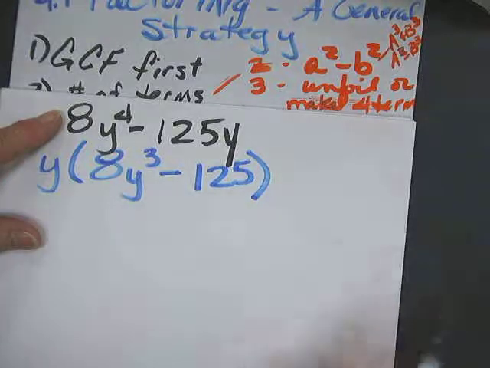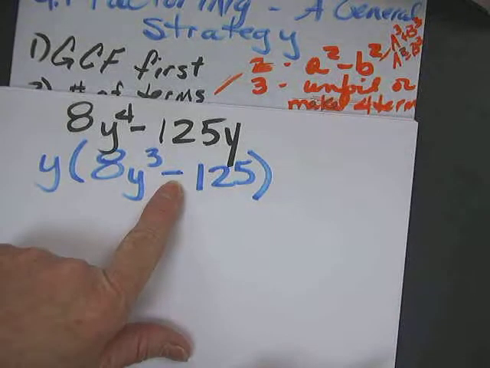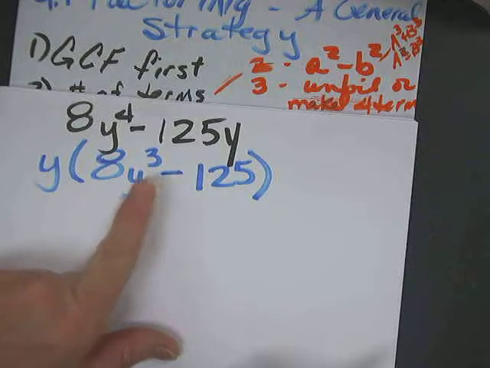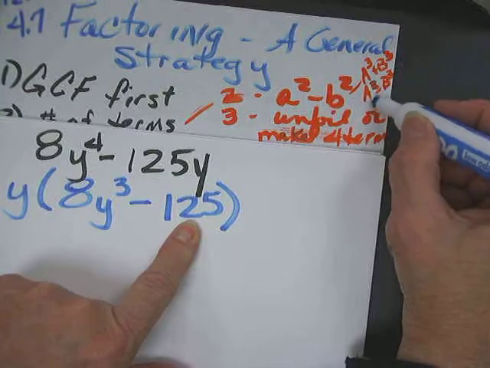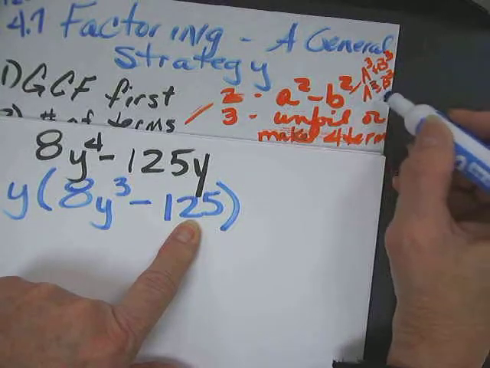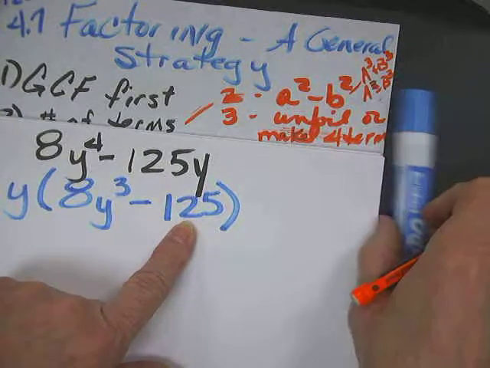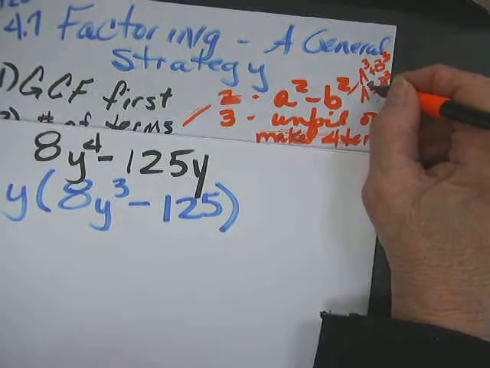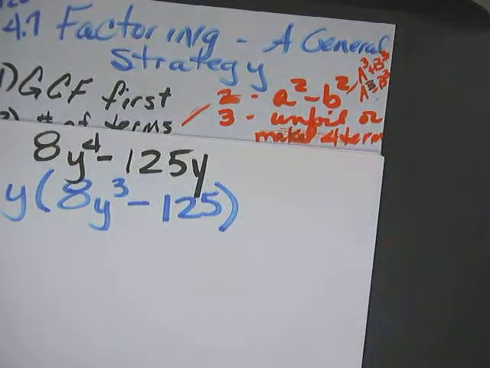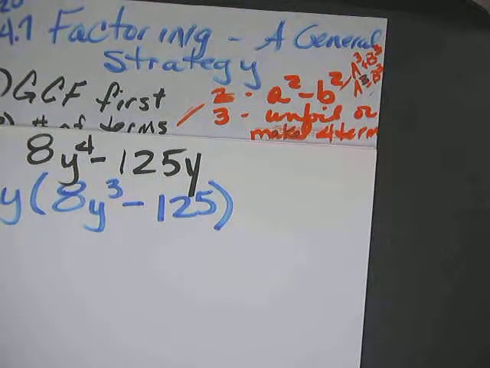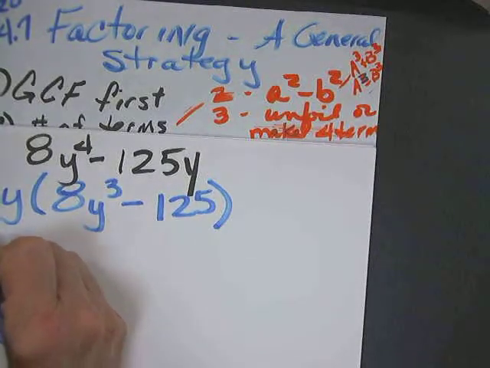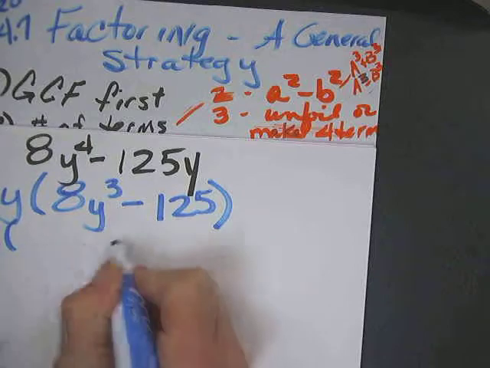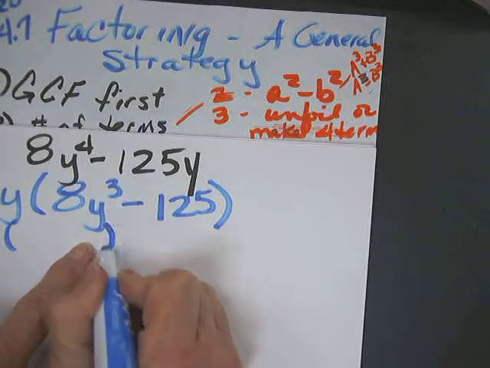Okay. What do they have in common? The cubes? They're cubes, but greatest common factor? Okay. 8 y cubed minus 125.